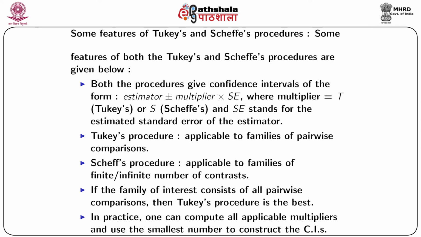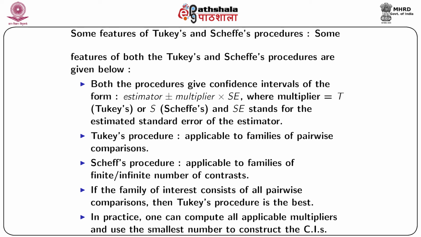In Scheffé's method, the multiplier was S, where S squared was (r minus 1) times F(1 minus alpha; r minus 1, n_T minus r).